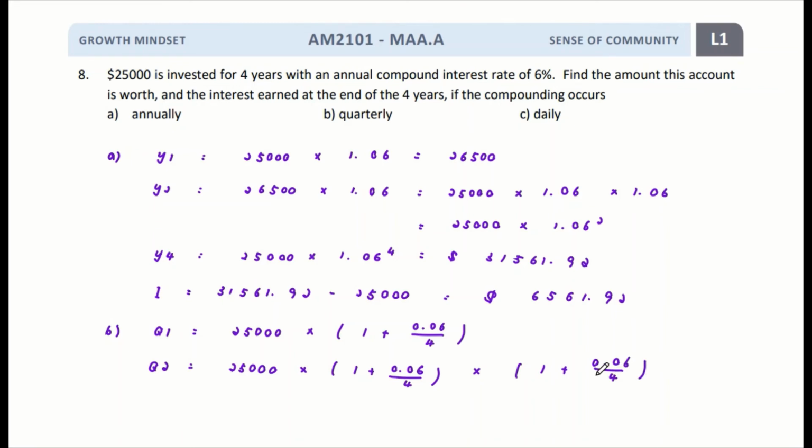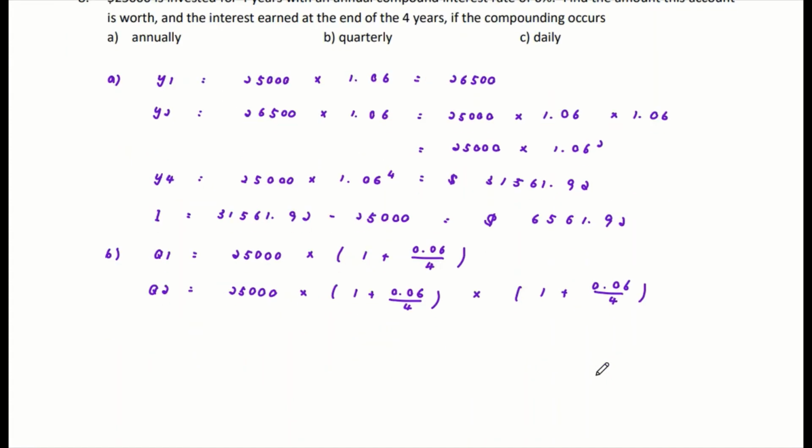So 0.06 over 4 gives me 0.015, which means this will give me 25000 multiply 1.015 square. So that's the idea. When you move on, for Q3, it will be equal to 25000, you will multiply 3 times already, 1.015 power 3.